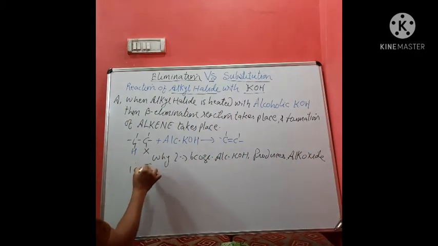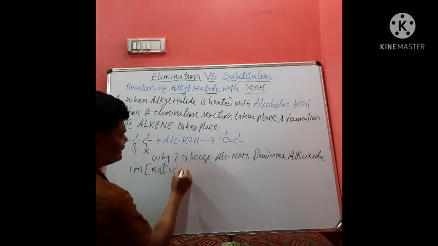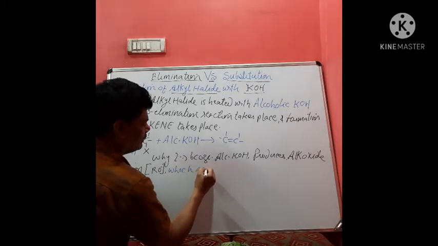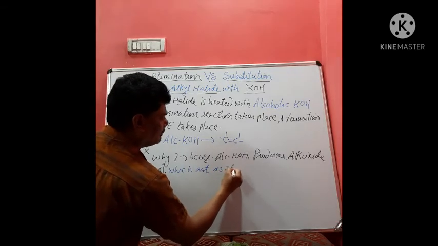What is alkoxide ion? RO minus is called alkoxide ion, which acts as a strong base.